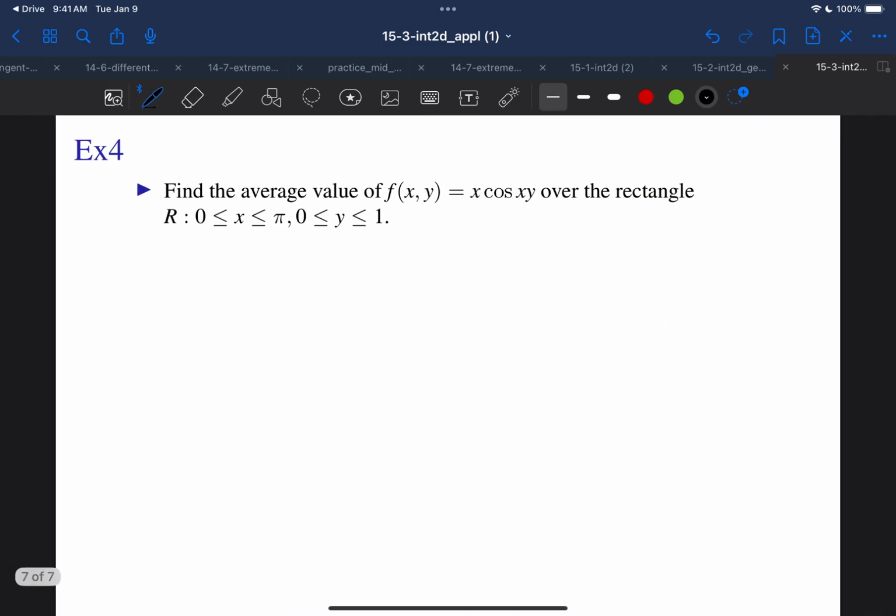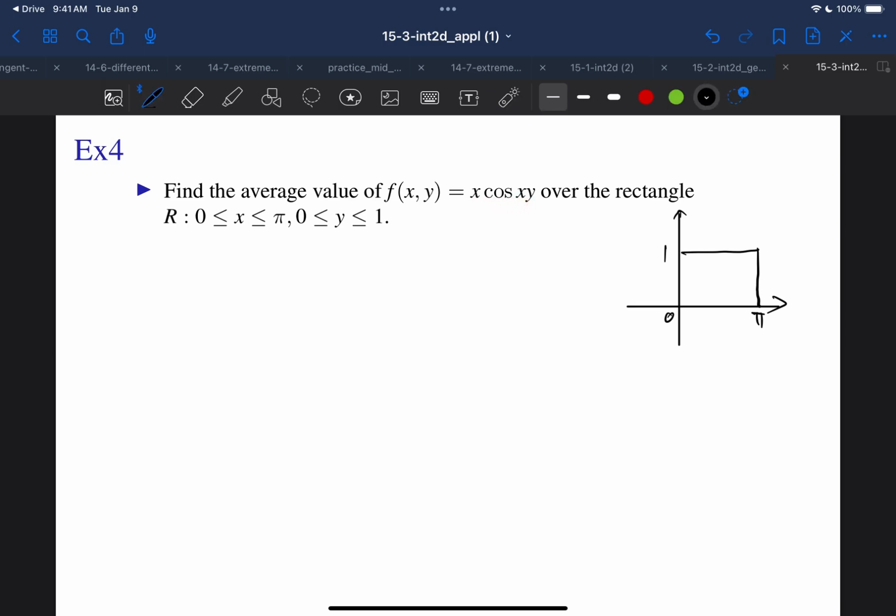All right, next example. Find the average value of f given by this over the rectangle area. So the rectangle area in the problem is relatively simple: 0 to pi for x, 0 to 1 for y. So for this region, we have function value like this.